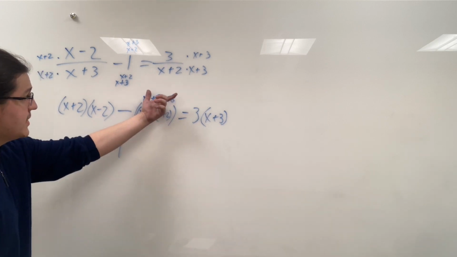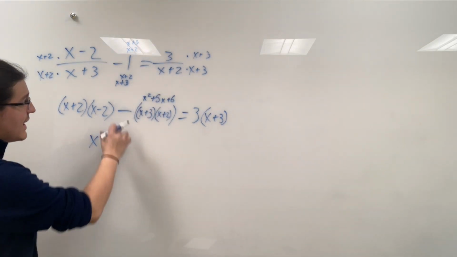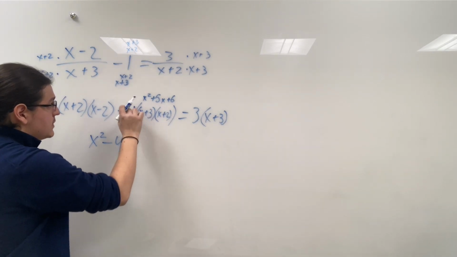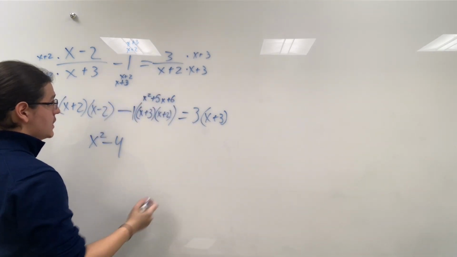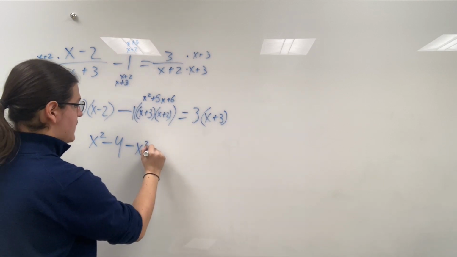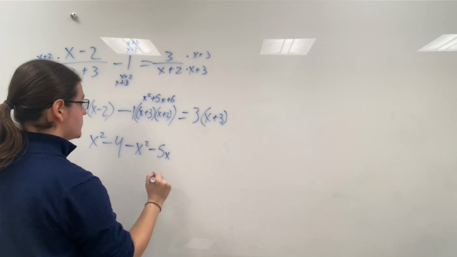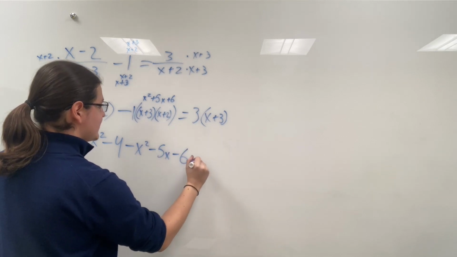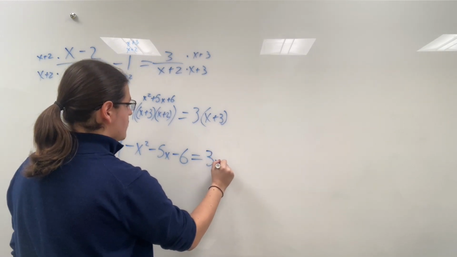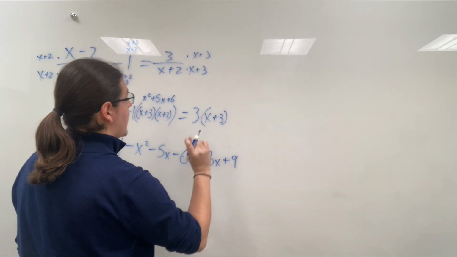The reason I'm putting it up here and not down here is because we're going to have to subtract by that whole thing. So let's distribute this invisible negative 1 into that. So we're going to get minus x squared minus 5x and then minus 6. All that equal to 3x plus 9.